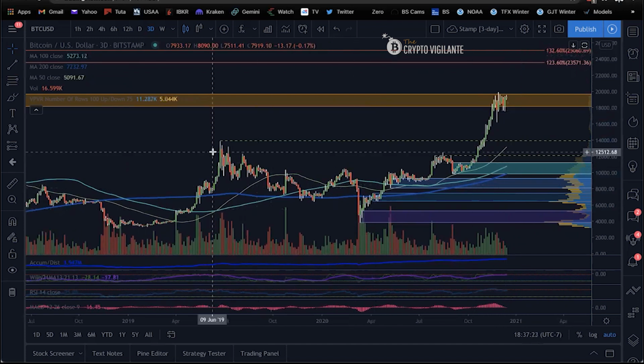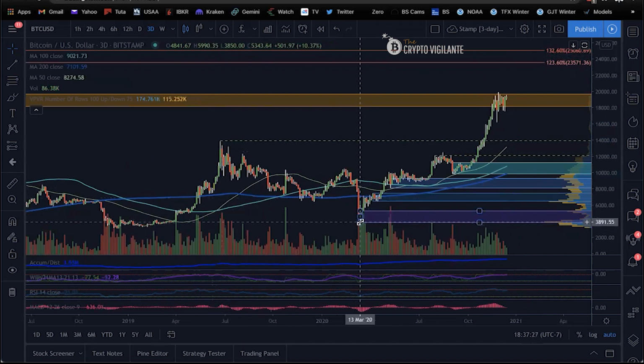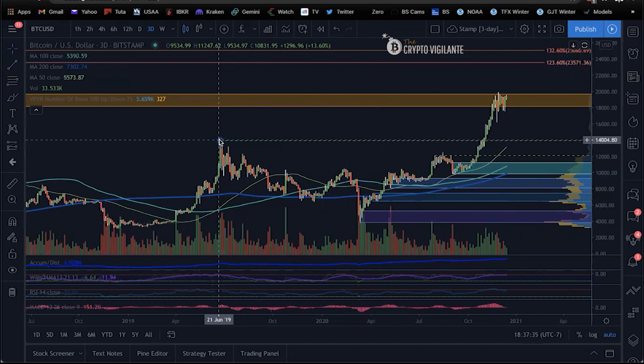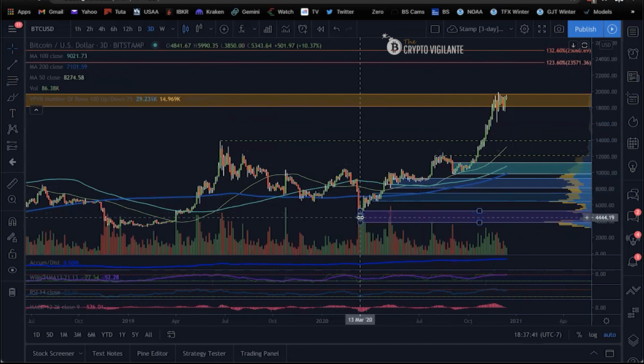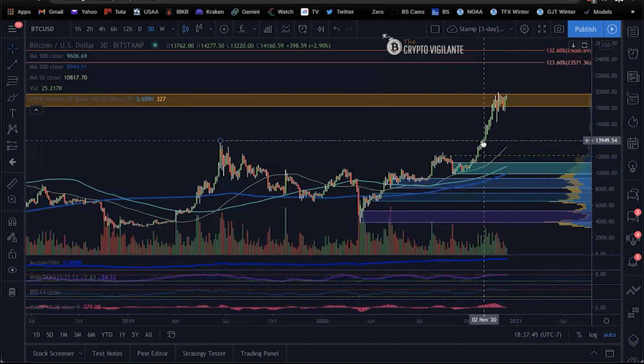That also is, so if we take 14 and we go all the way down to this low around 3, this is an $11,000 move right here. So let's say this low back up to 14.11.